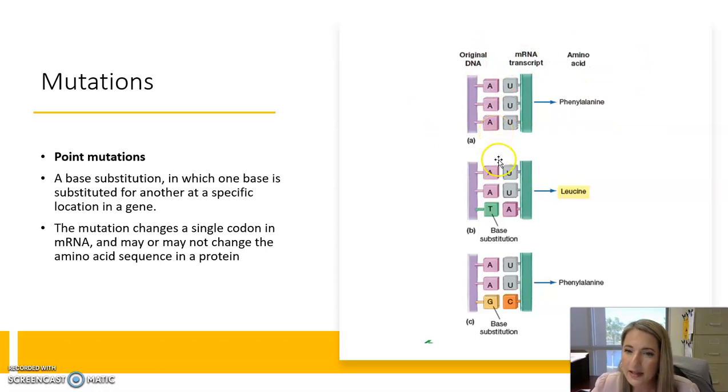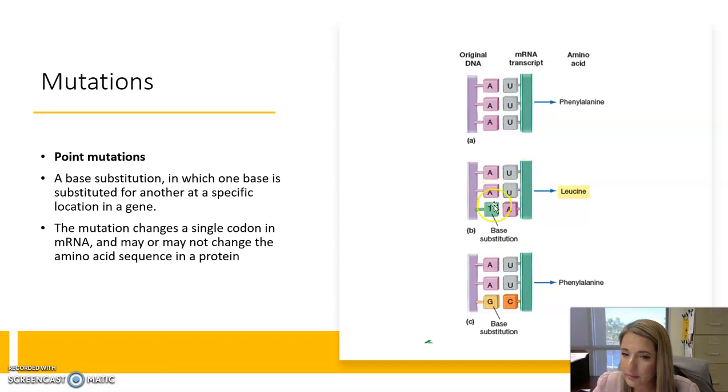But let's say there is a mutation, and now instead of the DNA code reading AAA, it now reads AAT. This right here is our point mutation. This was supposed to be an A, not a T. So unfortunately, when this gets transcribed and turned into RNA, it's going to say UUA now instead of UUU.